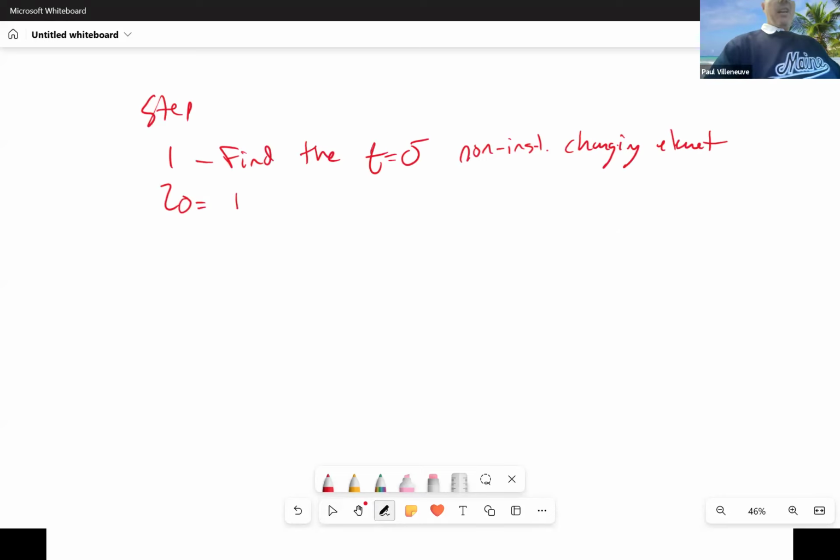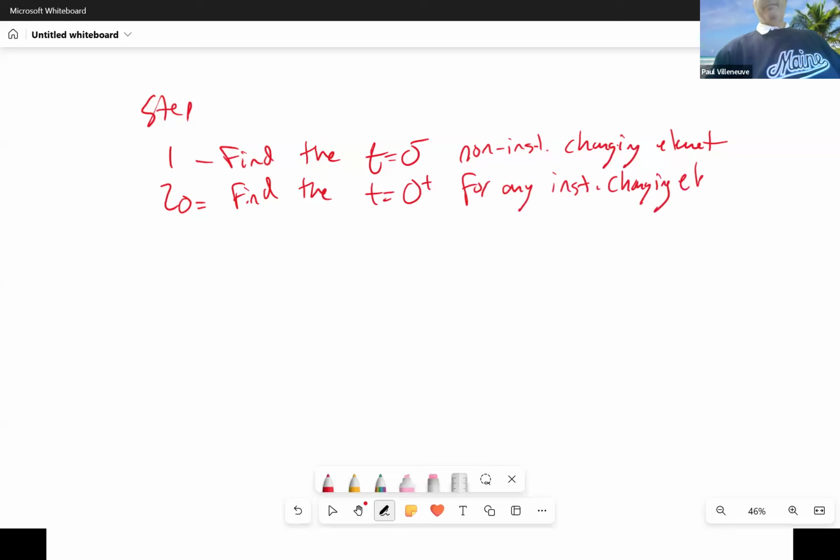Step 2 is find the T equals 0 plus for any instantaneous changing element. The reason why that's optional is because you might not need to do it. Like if we didn't have to solve for I1, you wouldn't have to do step 2.